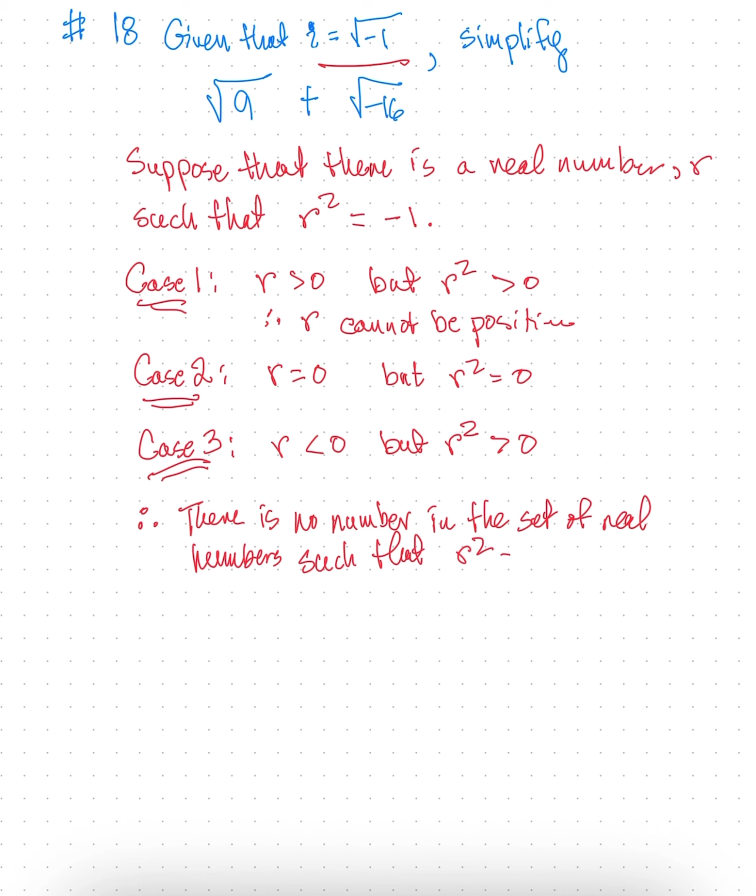r squared equals -1. So when mathematicians, particularly Rene Descartes, realized this, there was sort of a crisis, and Descartes got around it by defining i as the imaginary unit, or the square root of -1.